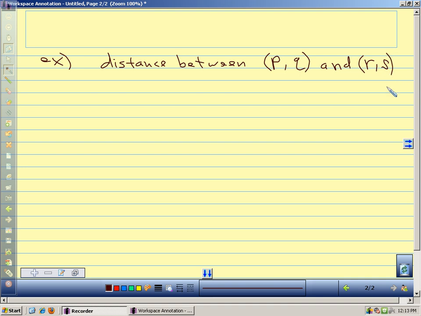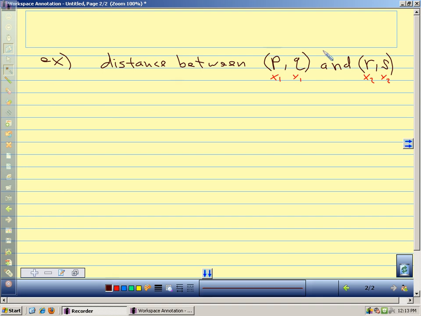So we're using variables instead of numbers. Now to do this, we're going to use our distance formula just like we do when we have numbers. So I'm going to label this x1, y1 and x2, y2. Doesn't matter which are 1s and 2s as long as the 1s and 2s are together.